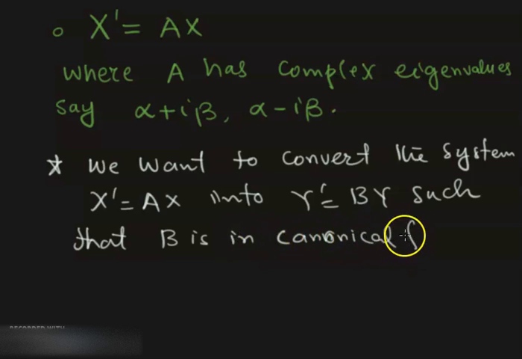So we are basically converting matrix A, with complex eigenvalues, into canonical form.